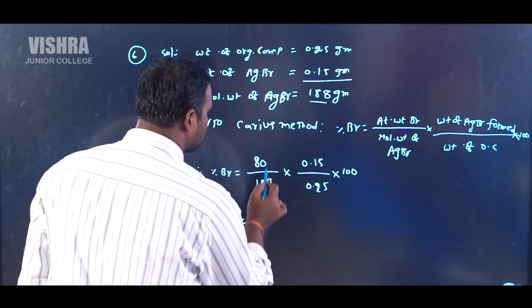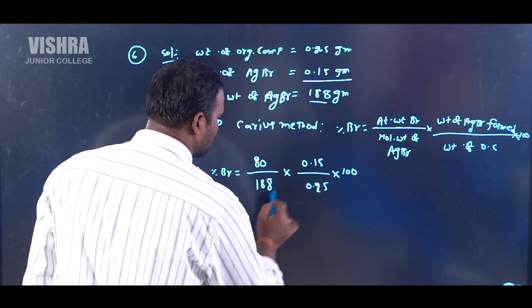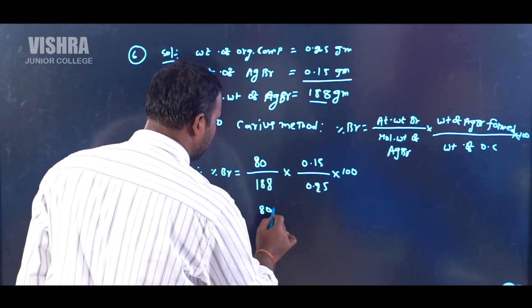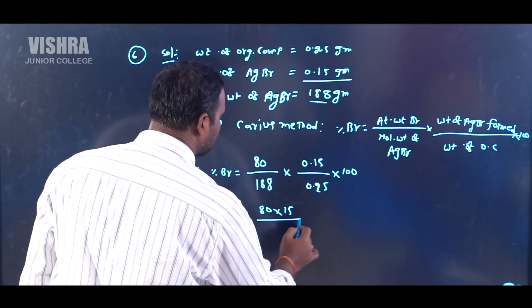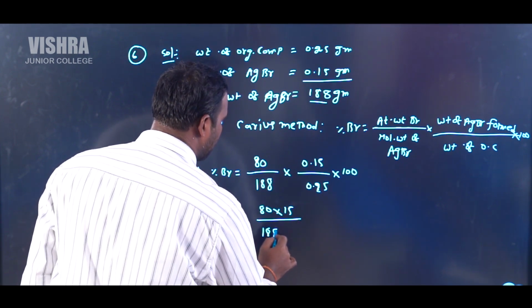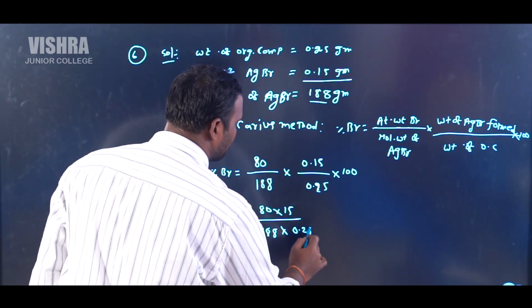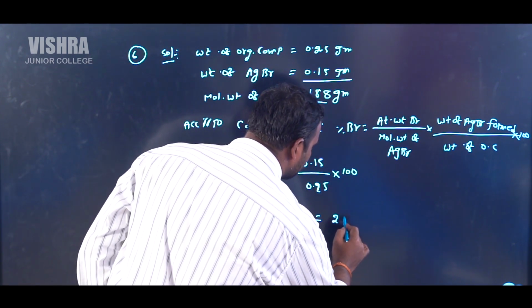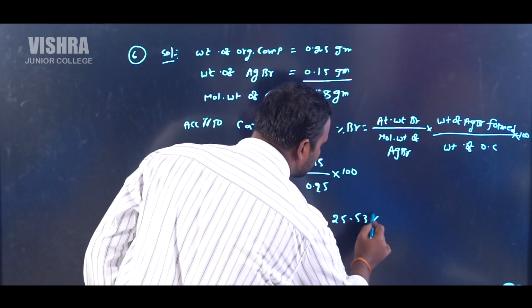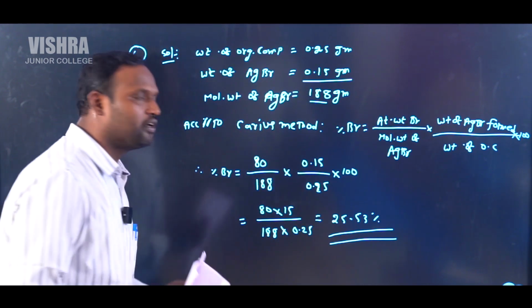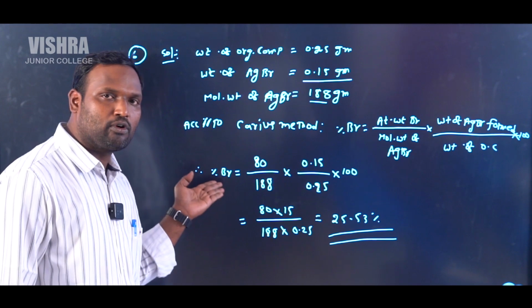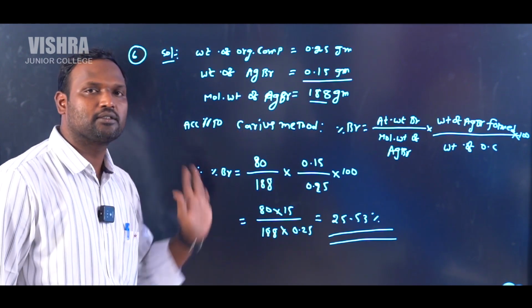If you calculate this, 80 into 0.15 into 100 by 188 into 0.25 is approximately 25.53%. This is the percentage of bromine in the given compound. We can calculate the percentage of bromine according to Carius's method like this.